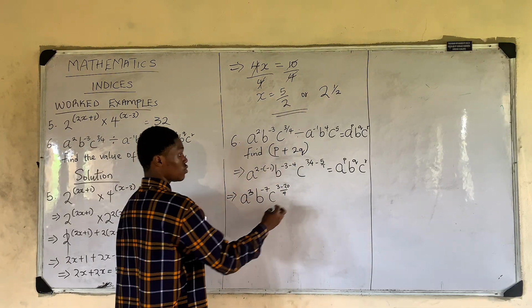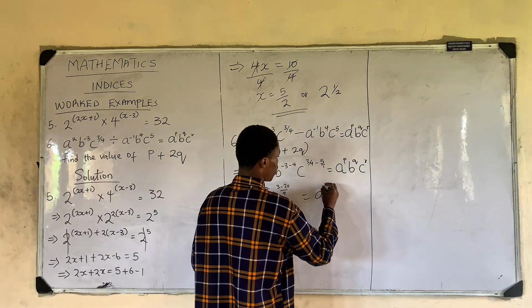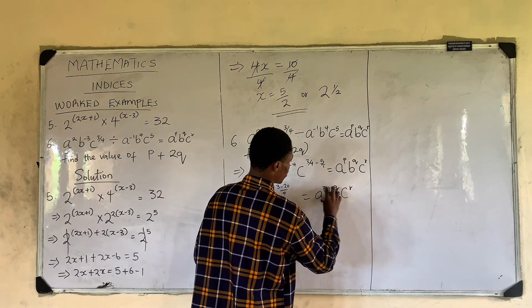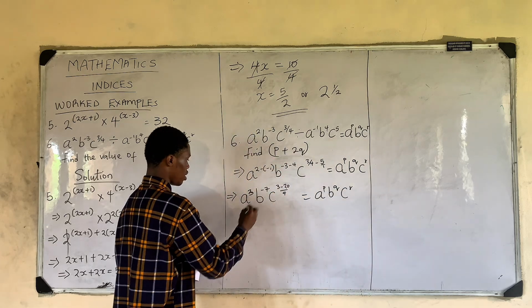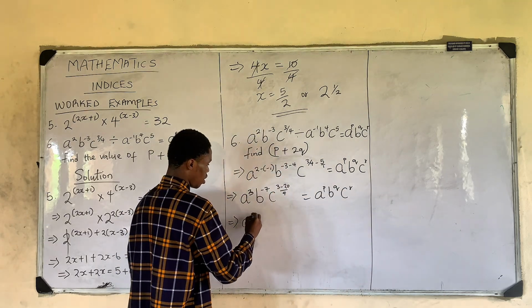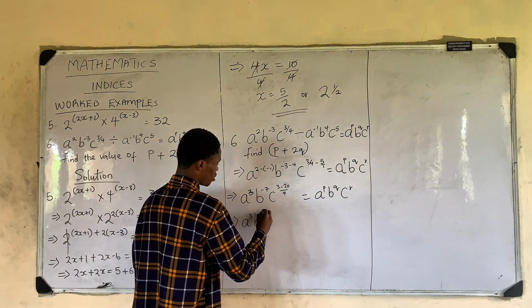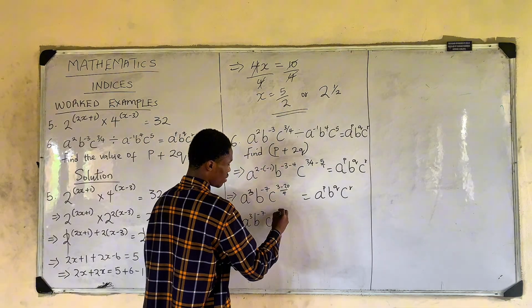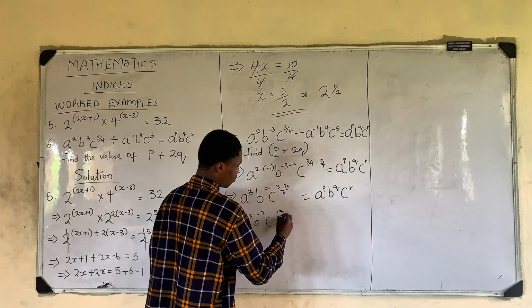Now, equals A to the power of P, B to the power of Q, C to the power of R. So here we have, this implies A to the power of 3, B to the power of minus 7, C to the power of 3 minus 20, which is minus 17 over 4.